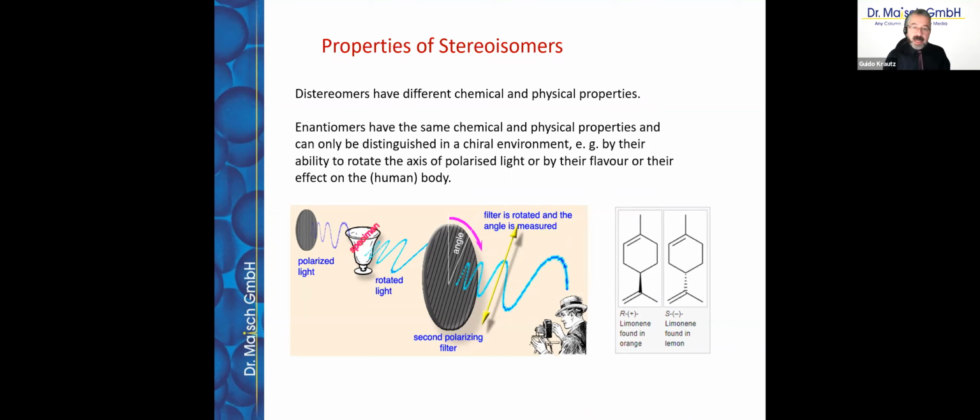But enantiomers have the same chemical and physical properties, and they can only be distinguished in a chiral environment. For example, chiral molecules have the ability to rotate the axis of polarized light. Some enantiomers also have different flavors. So our nose is in fact a chiral detector. Or they can have different effects on the human body.